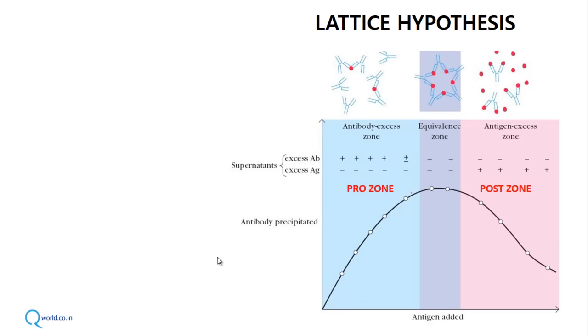Now, how are these precipitates formed, or what is the mechanism of precipitation reaction? The answer lies in the Lattice hypothesis. Now let us understand this.